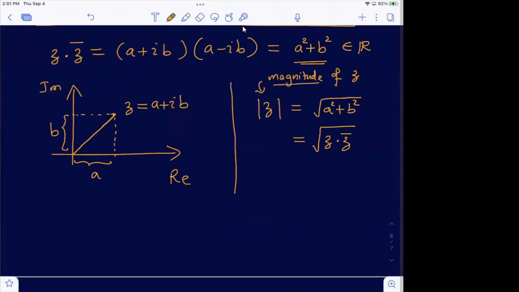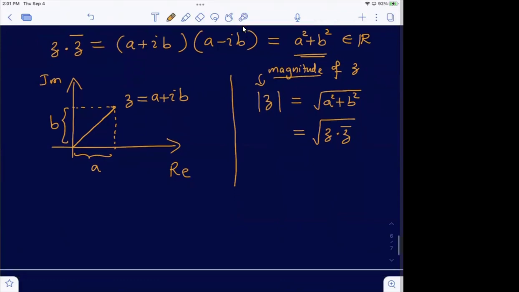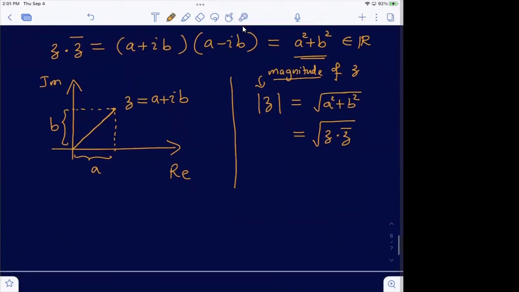So in the domain of complex numbers, when you deal with complex numbers, other than calling this the magnitude, sometimes we call it the modulus. So modulus of z, we indicate it by z with the absolute value sign.